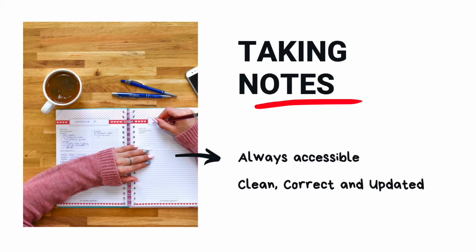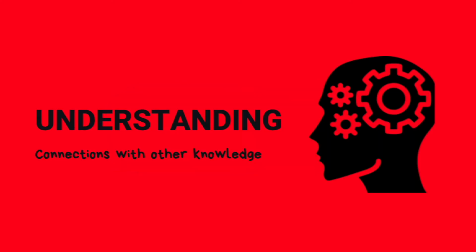After you have your notes ready, it brings us to step 3. Now, this step is very crucial but is unfortunately ignored by many. It is to actually understand the content that you're trying to learn. Understanding something allows you to make connections of the new content to pre-existing knowledge you already have.